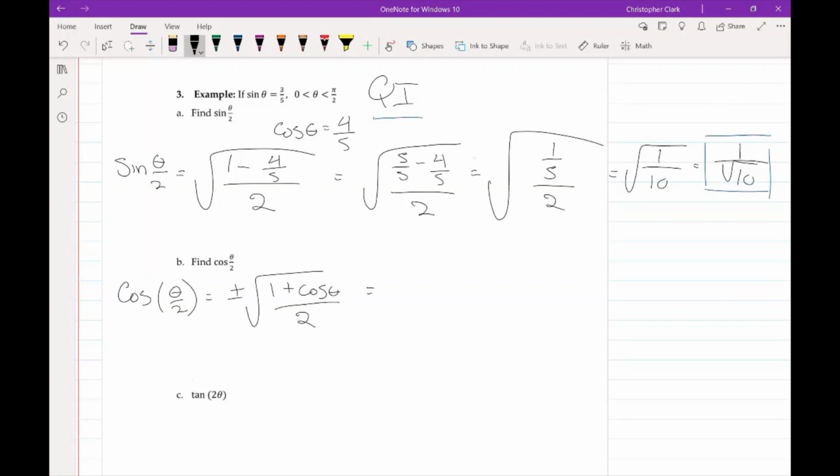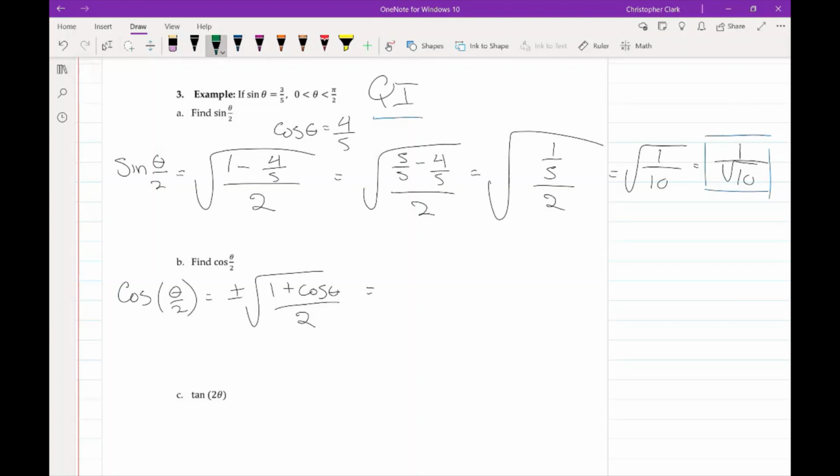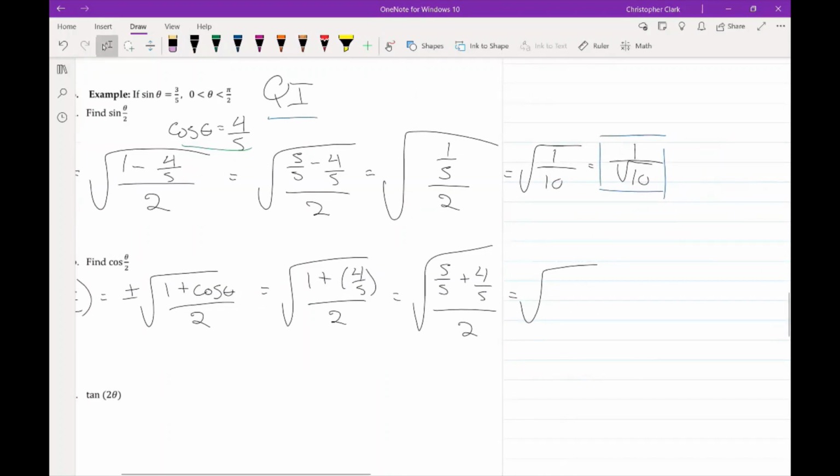So I actually already found cosine of theta over here. So this turns out to be the square root of (1 plus 4/5) over 2, is the square root of (5/5 plus 4/5) over 2, is the square root of, let's see, (9/5) over 2.